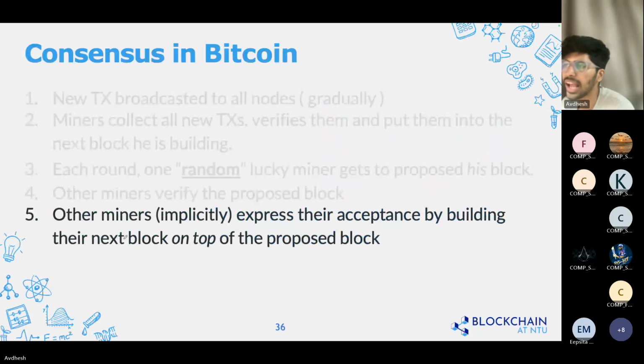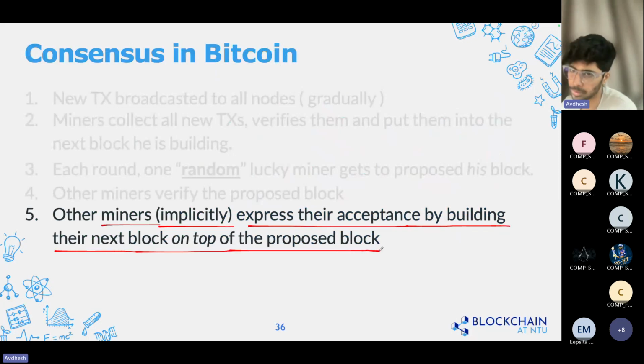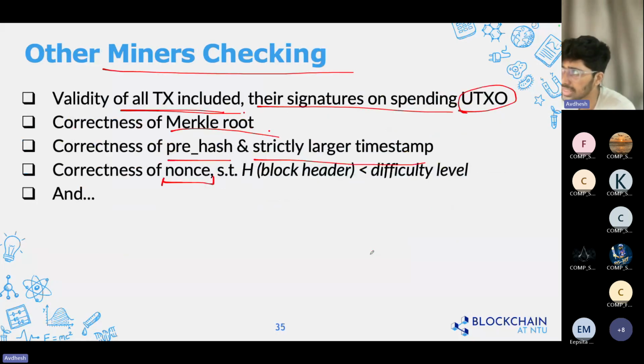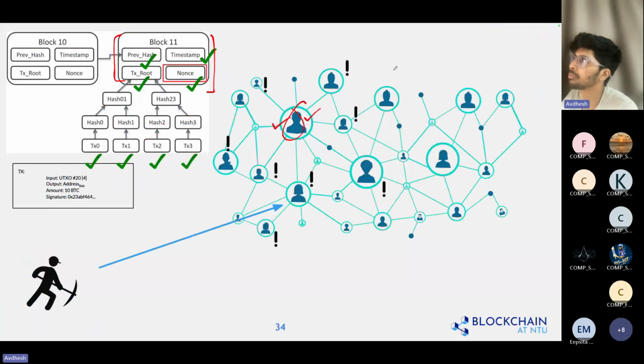So other miners implicitly express their acceptance by building their next block on top of the proposed block. They don't say, hey, your block has been proposed or something. They just say that he has done good work, and now we are going to build on his block. So let's suppose this guy is Emmanuel.